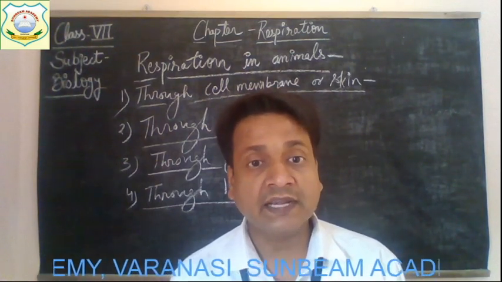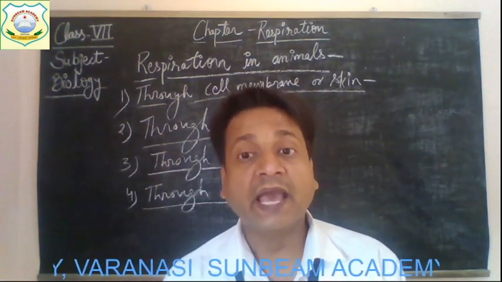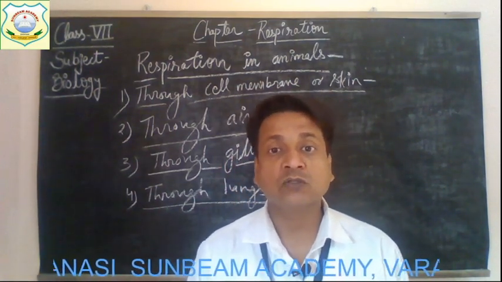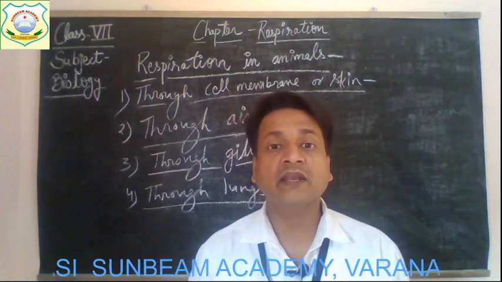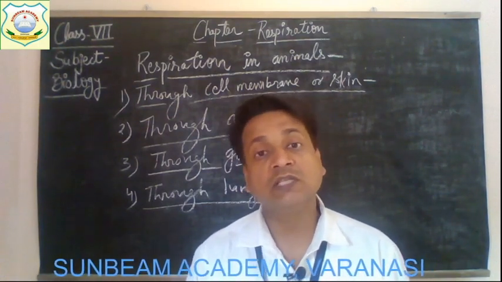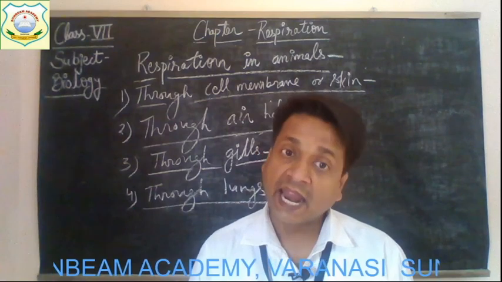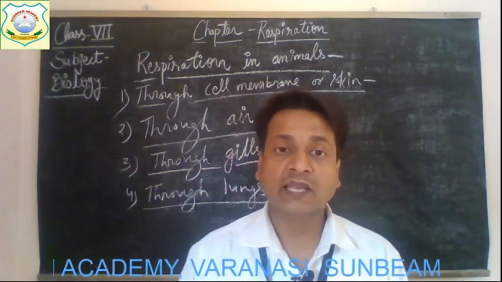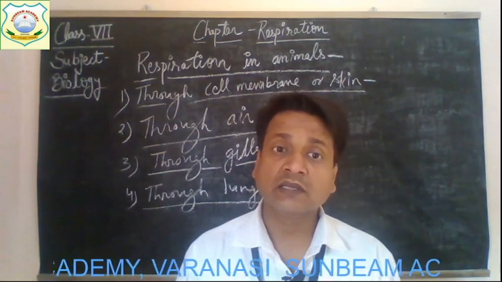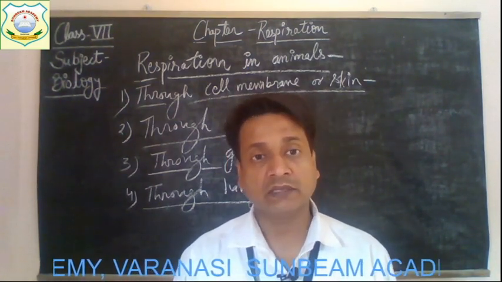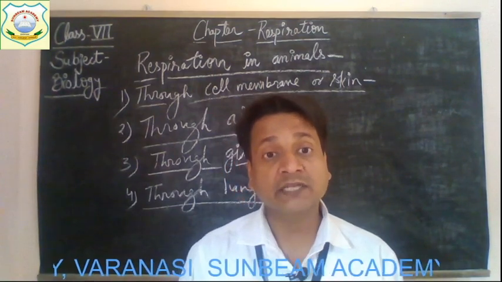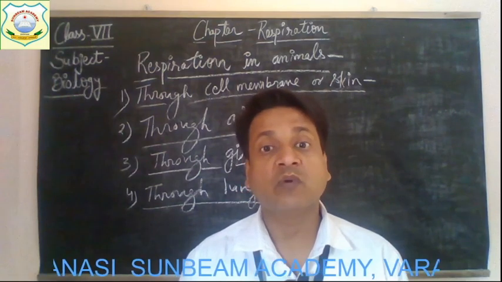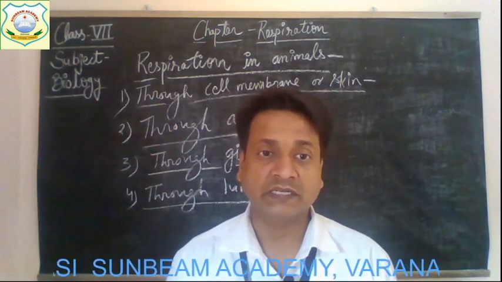The air enters in it, and as these lungs have very fine blood capillaries, the oxygen from the air gets absorbed through these blood capillaries, and at the same time carbon dioxide is removed from the blood capillaries, and through the lungs it is removed out from the body. Got it, children? So the lungs play an important role in exchange of gases in the body of mammals and birds.